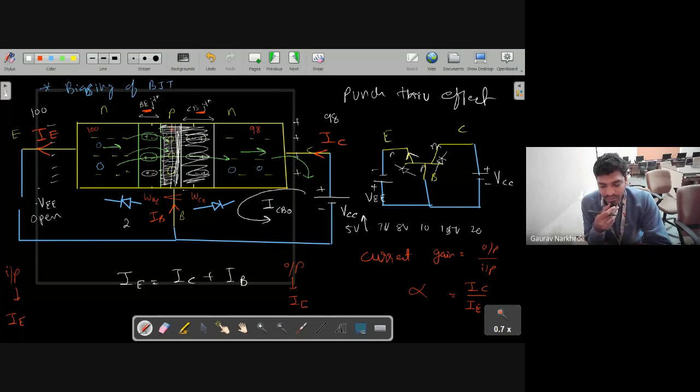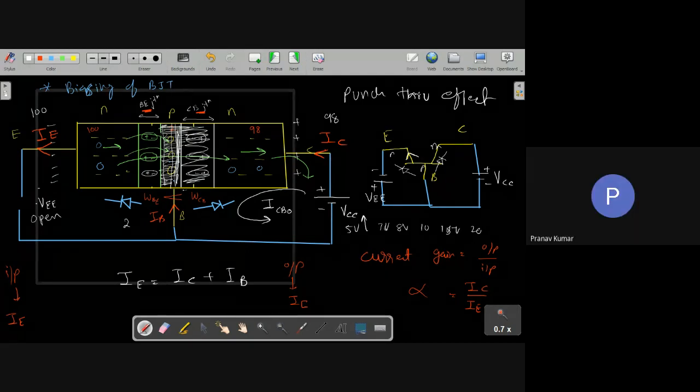If the reverse bias across the collector base junction is increased, then width of the depletion region will increase. At some point it will touch the depletion region of emitter base junction, and this effect is called as punch through effect, correct? Any problem in this? No, sir.